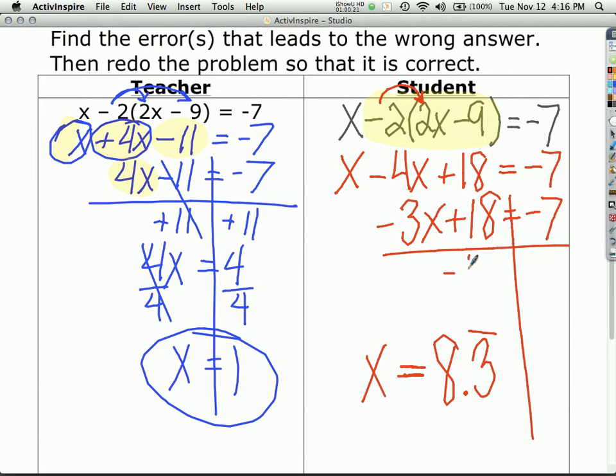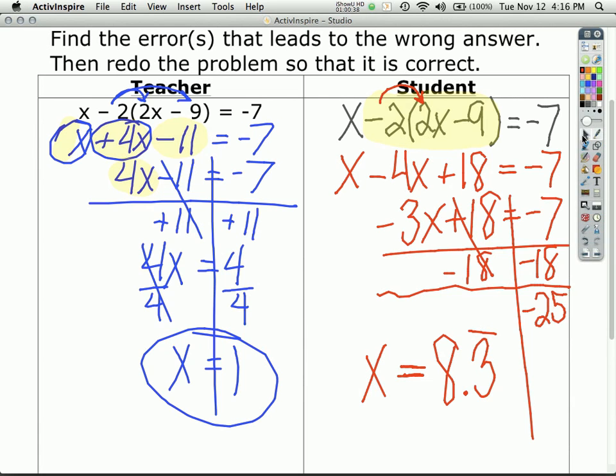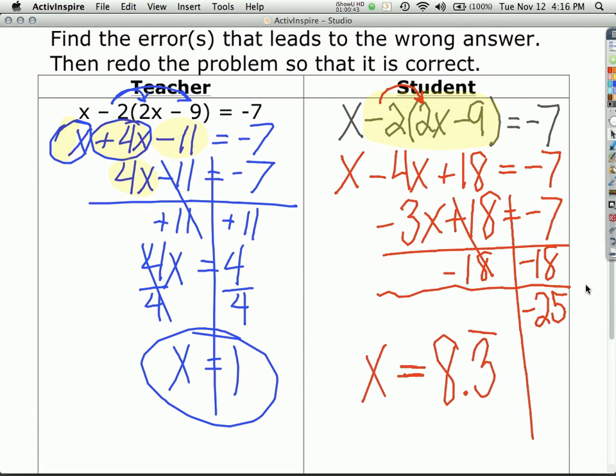Very good. Subtract 18 from both sides. Here was another mistake that students made. This cancels out. What do we get when we do negative 7 and negative 18? What do we get, George? Negative 25. So now I get negative 3x equals negative 25, and when I do that last step, I get x equals 8 1/3.